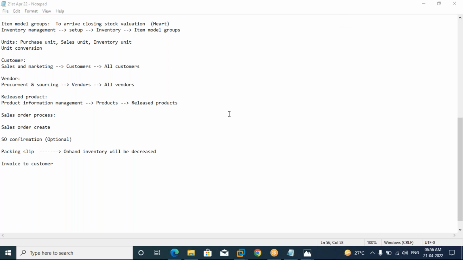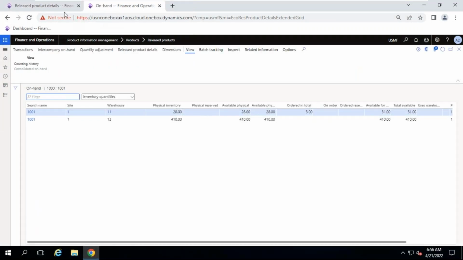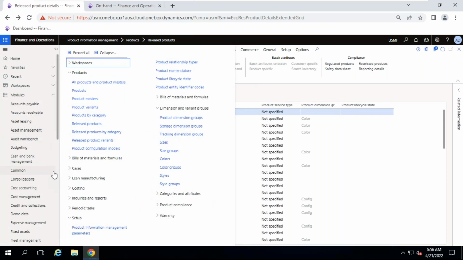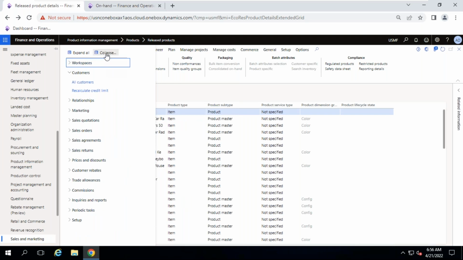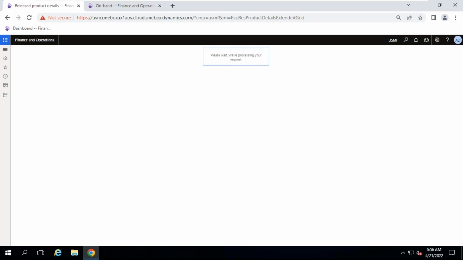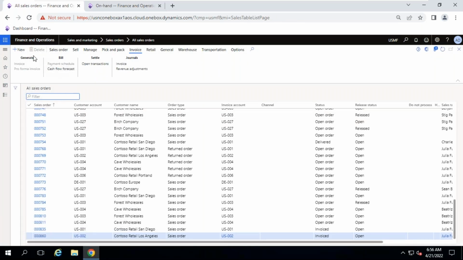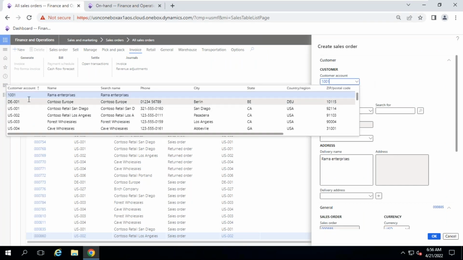Okay, let me show you this quickly. In the Sales and marketing module, collapse all sales orders, click on the new button, and select the customer from the drop-down.